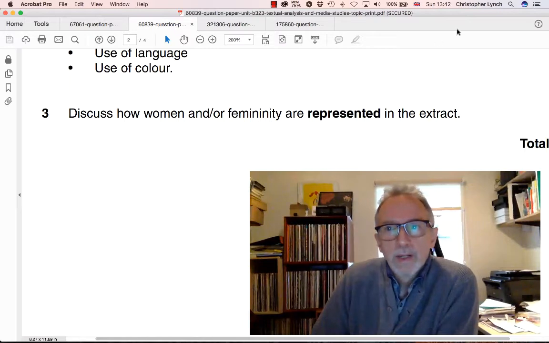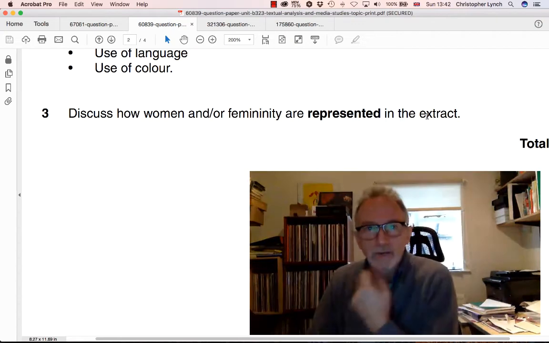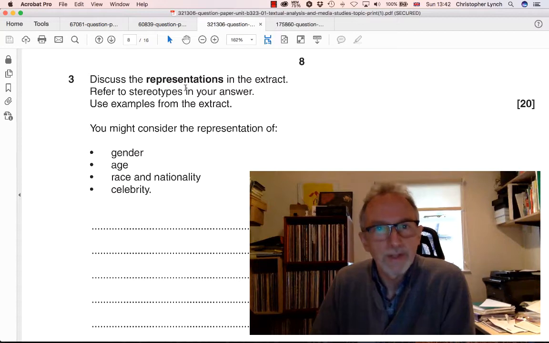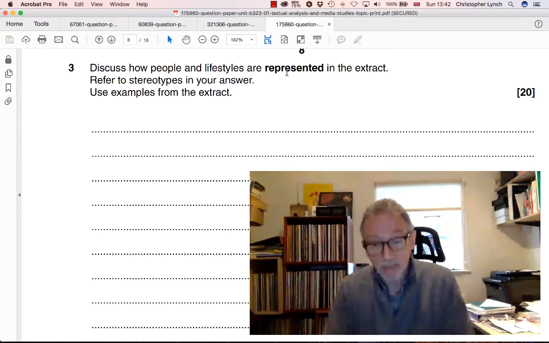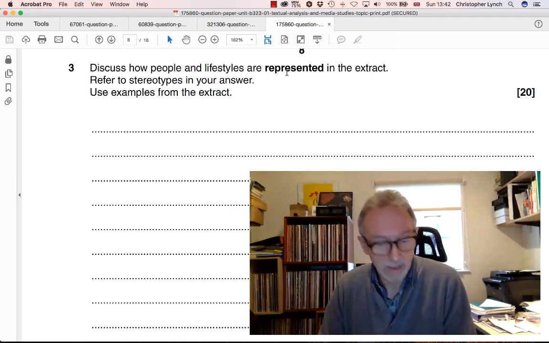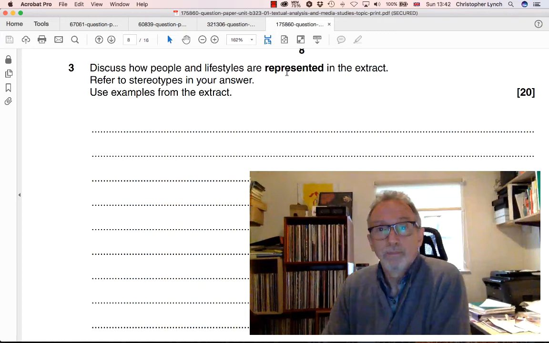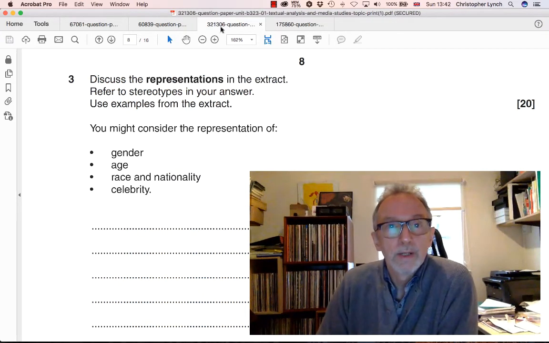The question is: discuss how women or femininity are represented in this extract. The key point to make is you have represented, representations, and represented. This is going to happen in your exam that you take in next May and in your mock exam as well. So that's the key word, represented.